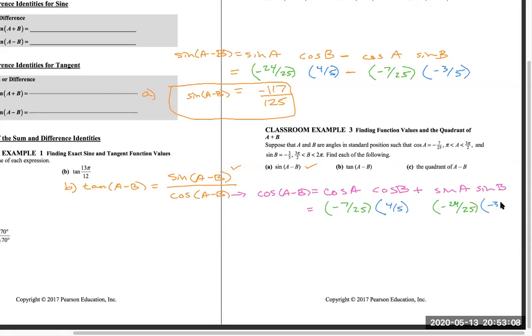And sine B, -3/5. So what we find from this is that cosine of A minus B comes out to 44/125. Okay, so we're gonna need this for this portion.